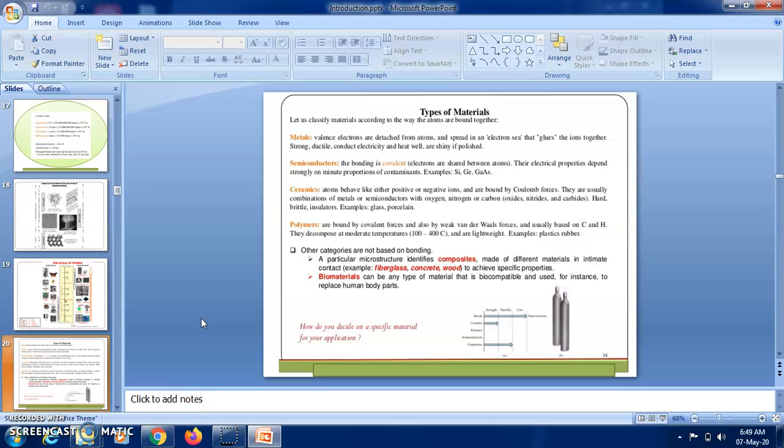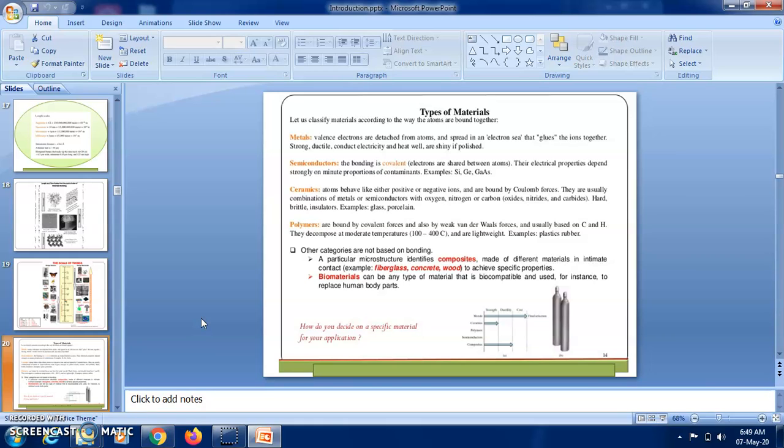Next, polymers are bound by Coulomb forces and also by weak van der Waals forces, and are usually based on carbon and hydrogen. They decompose at moderate temperatures, around 400 degrees, and are also lightweight. Examples are plastic wrappers.